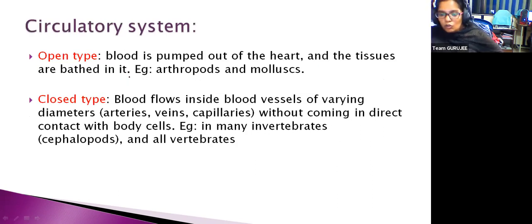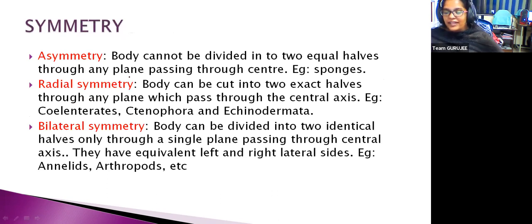In the circulatory system, there are two types, open system and closed system. In an open system, there are no arteries or blood vessels. In a closed system, arteries, veins, capillaries and blood vessels are seen. In symmetry, there are three types: asymmetry, radial symmetry, and bilateral symmetry.